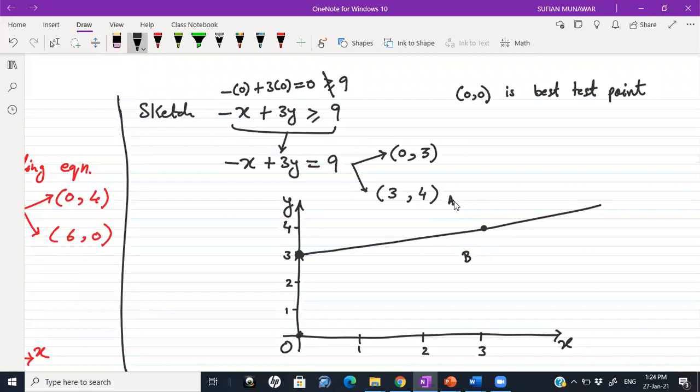If this point has failed, the true area is above the line, because 0 0 was below the line and it failed. So your true area is above the line. This is your true area.